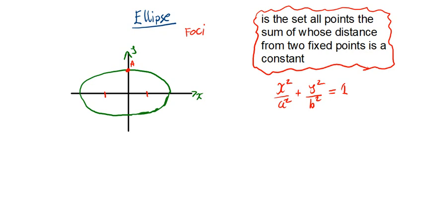Foci is the plural of focus, where we have our F1 here and our F2 there. We have our focus 1 and our focus 2. So there are two of them.